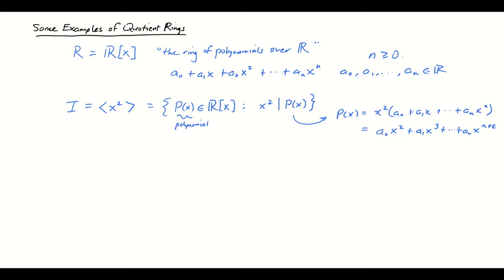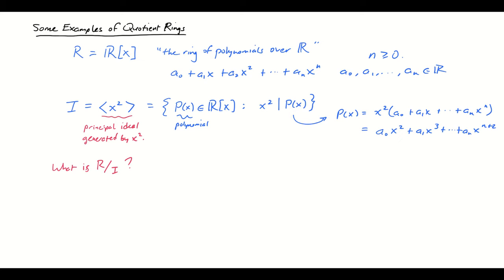That's what we're going to mod out by. We know that this is an ideal because we proved at one point that the set of all multiples of a ring element, at least in a commutative ring, is an ideal. So this is called a principal ideal, the principal ideal generated by x squared.